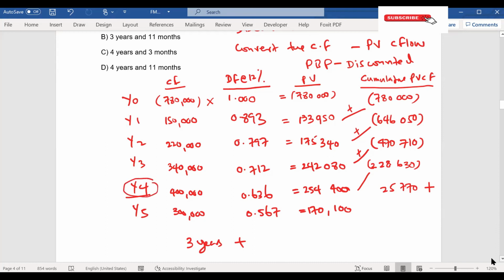How do you calculate that? The negative balance at the end of year 3 is 228,630. This has to be recovered from the year 4 cash flow.